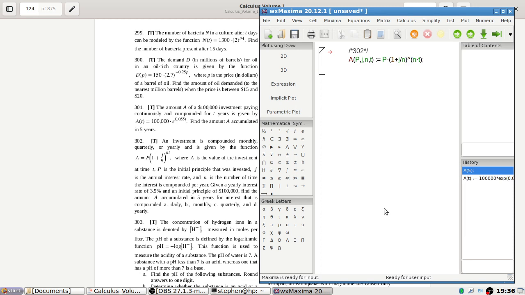Okay. Given a yearly investment rate of 3.5% and a principal of 100,000, find the amount accumulated in 5 years. That's 3.5%. 5 years that is compounded daily, monthly, and quarterly. 5 years.